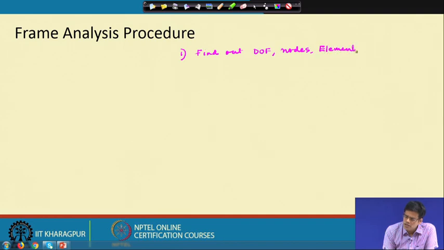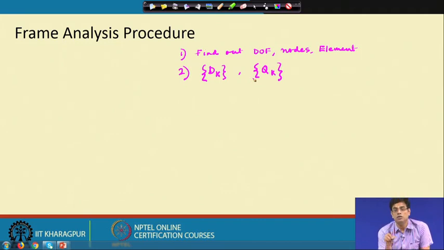These choices have also been discussed. The second thing is what the known degrees of freedom are. Suppose this is D, so you find the known D degrees of freedom, and then the known Q degrees of freedom. So what are the forces you know, and what are the forces you really don't know.